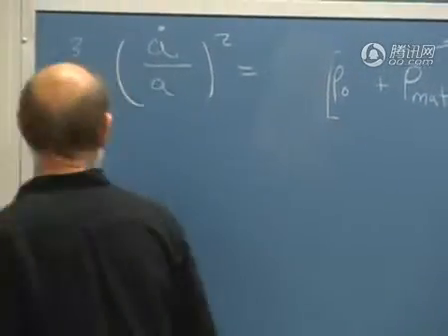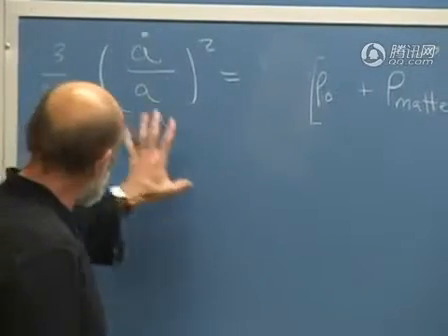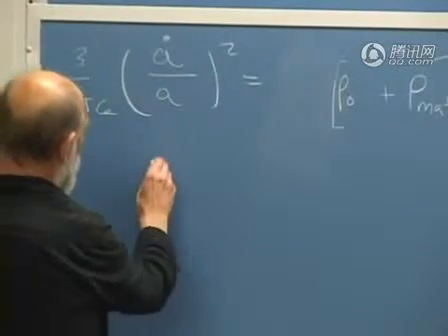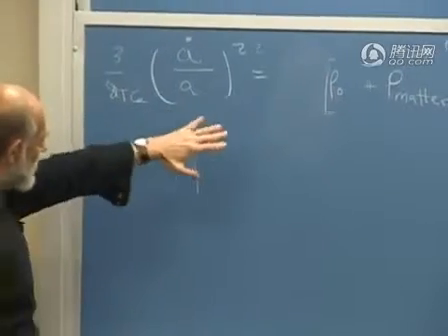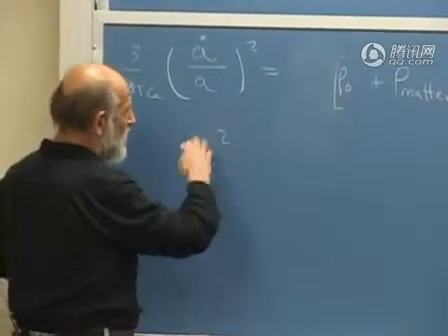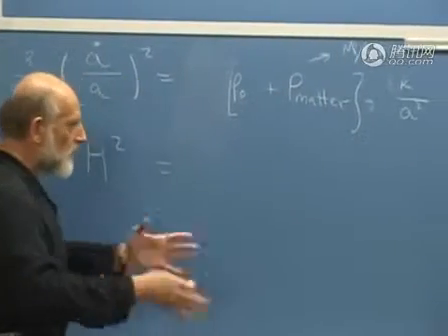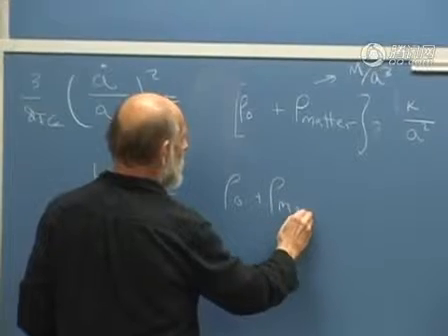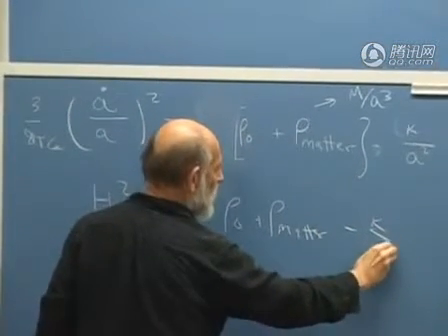Right? The thing to do, to understand this, is to divide this equation by what's on the left-hand side. Let's just simplify it and call it Hubble squared. It's just Hubble squared times a number, and that's equal to the sum of 3 terms. Here's the way to think about it: rho naught plus rho matter minus k over a squared.